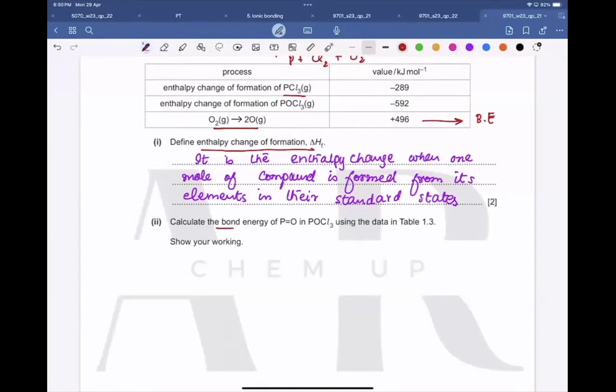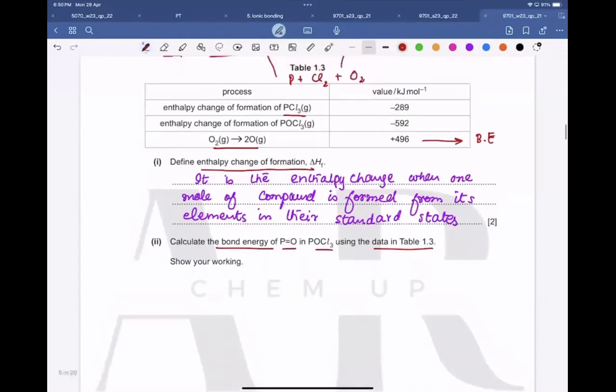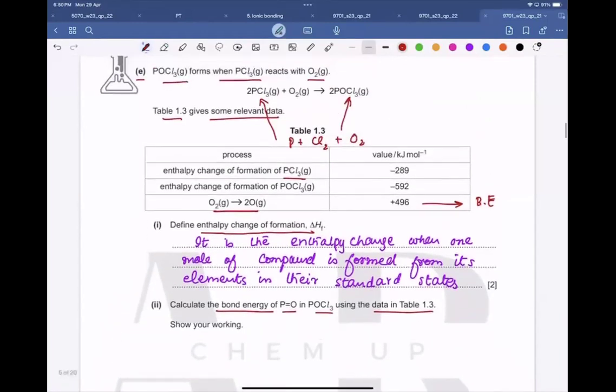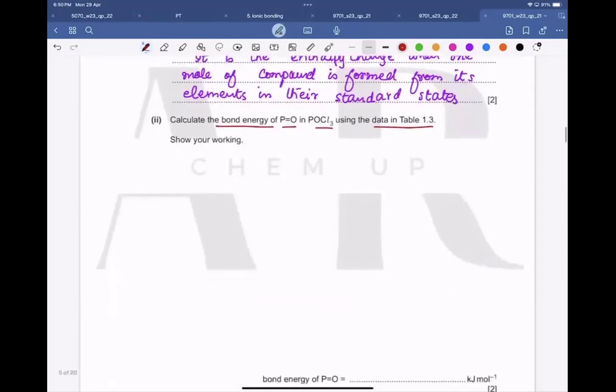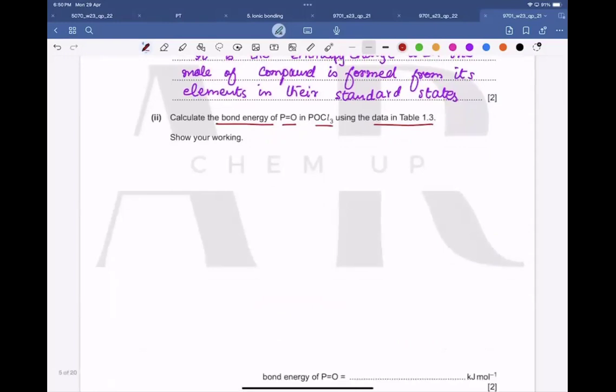Calculate the bond energy of the phosphorus oxygen bond in POCl3 using the data in table 1.3. So you have to find the bond energy.